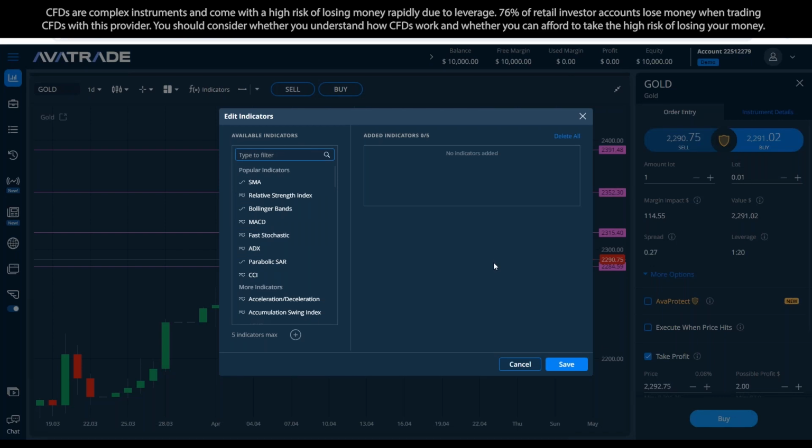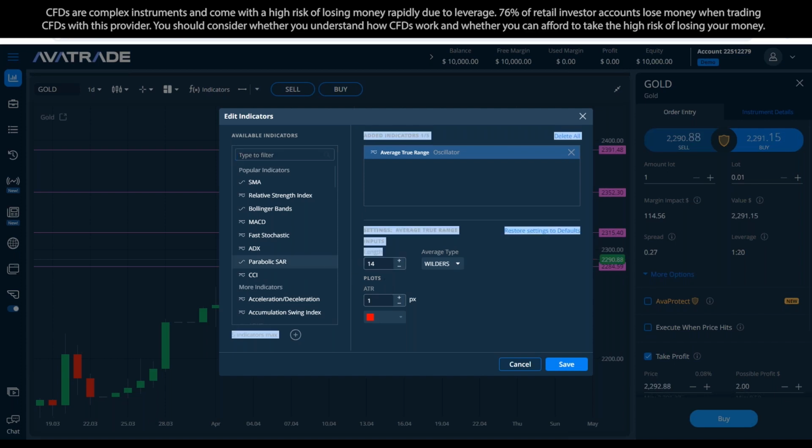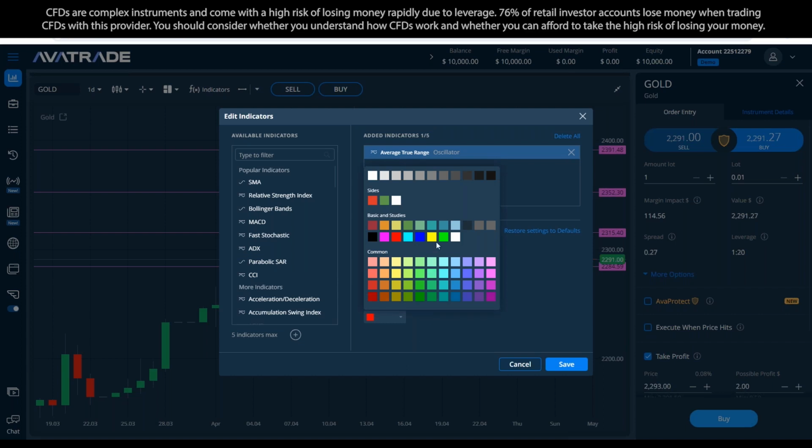And I'm going to write down here ATR. And then I'm going to click and drag it to the right. Maybe 14 days is a bit long to go. What I really want is just 1 week. And keep it on Wilders for now.